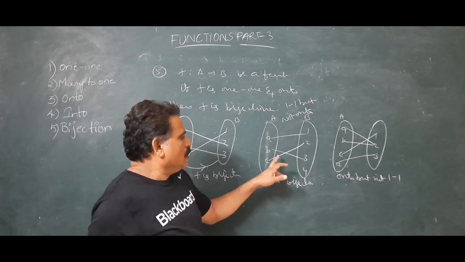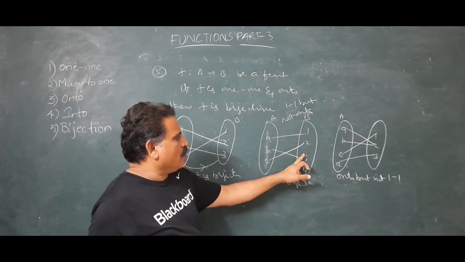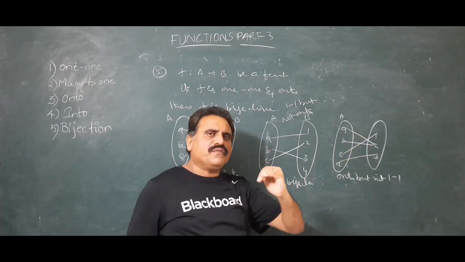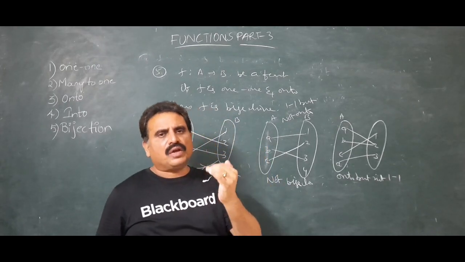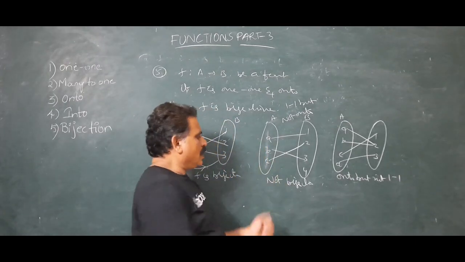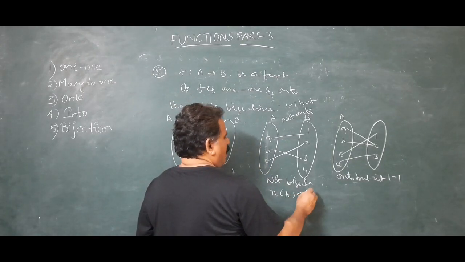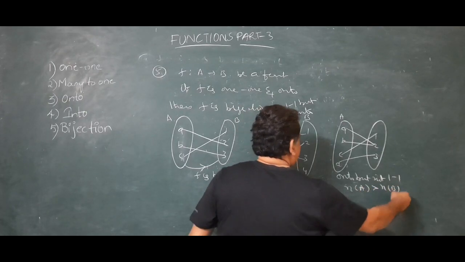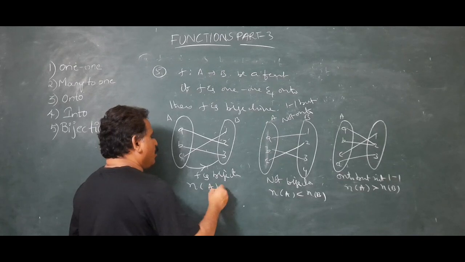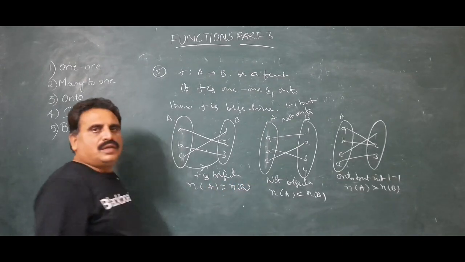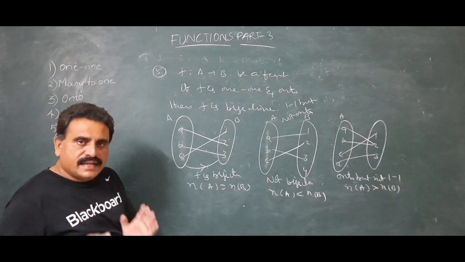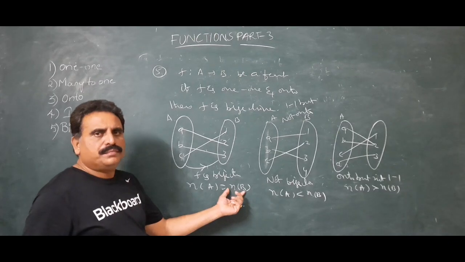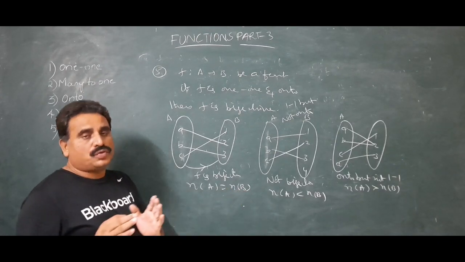Here, n(A) less than n(B), n(A) greater than n(B), and n(A) equal to n(B). n(A) means the number of elements in A, and n(B) the number of elements in B. If A and B are finite sets and n(A) equals n(B), there is a chance of a bijective function.